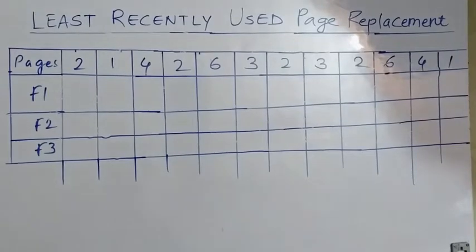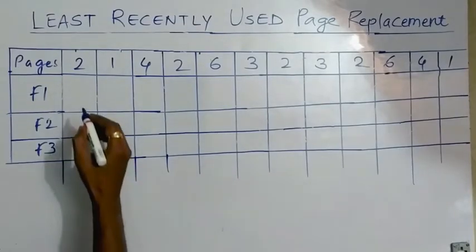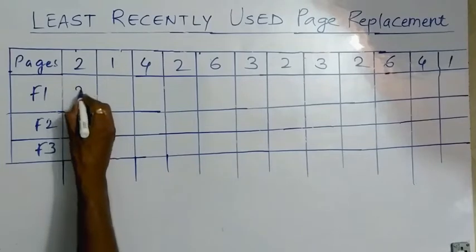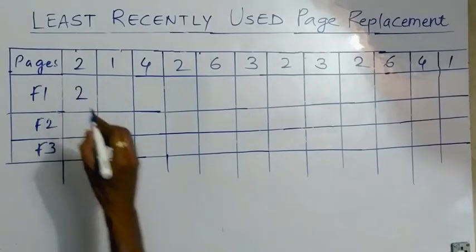The first page given is page number 2. We will solve the numerical with steps similar to the previous video, but the technique will be different, and only that particular logic will change here. So let us take page number 2 inside frame F1.